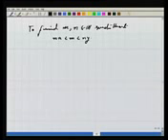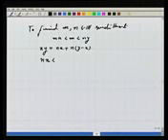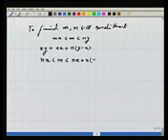Now what I do is I use a very simple trick. I just write ny as nx plus n of y minus x. So I need to find m and n such that nx is less than m, and it is less than nx plus n into y minus x.